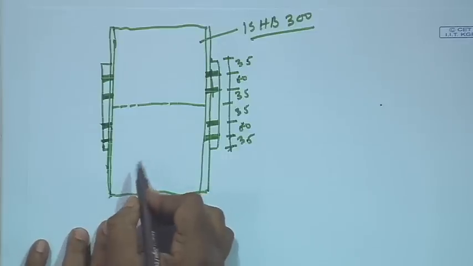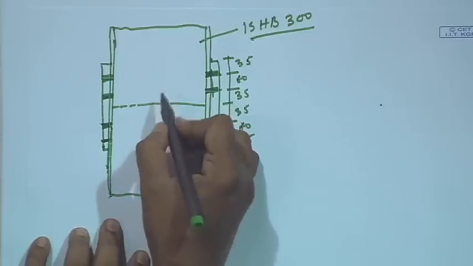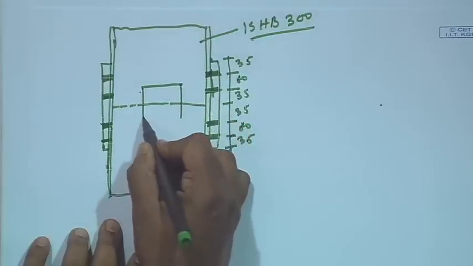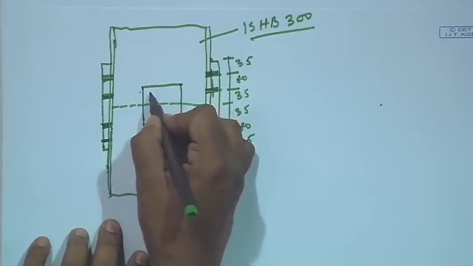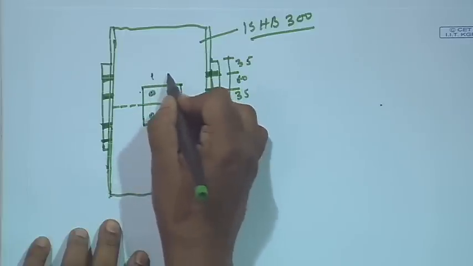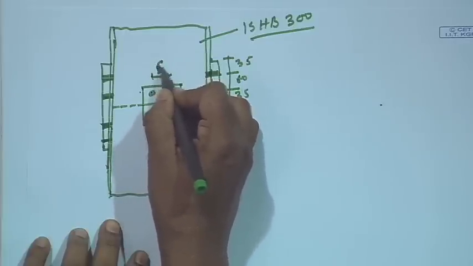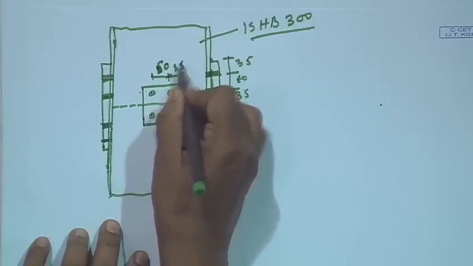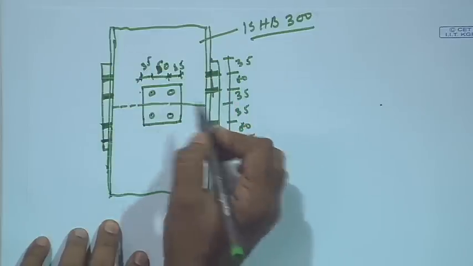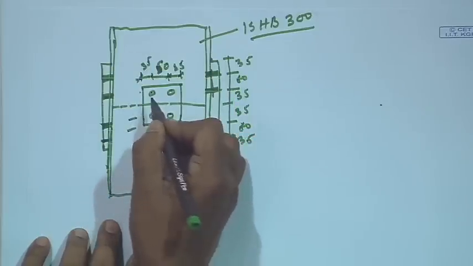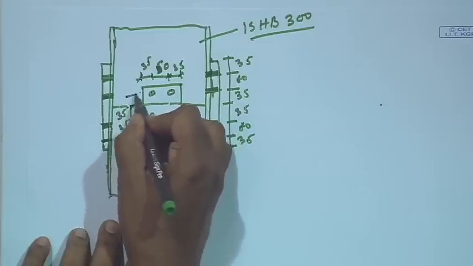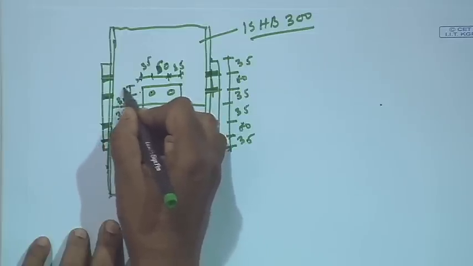And also it is spliced in its web. So, in the web we can see the splice plate is provided here, where a total of 4 bolts are used and the pitch distance was considered as 60 and this is 35, this is 35, and here it will be 35, 35, 35, 35.